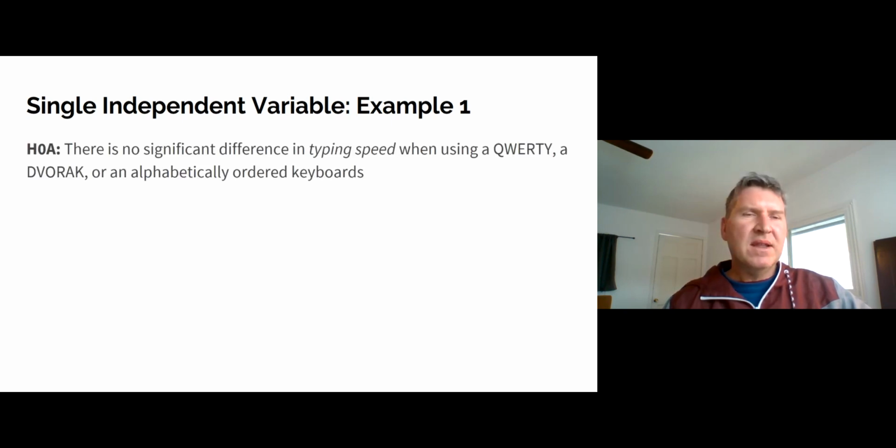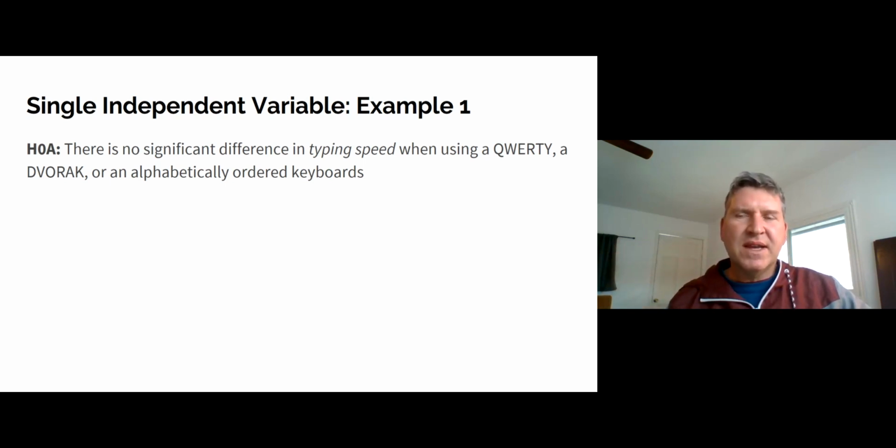This is null hypothesis A. There's no significant difference in typing speed when using a QWERTY, a Dvorak, or an alphabetically ordered keyboard. Those alphabetically ordered keyboards are like what you'll see when you have all the letters A, B, C, D, E, F on one row, and then they're all in order.